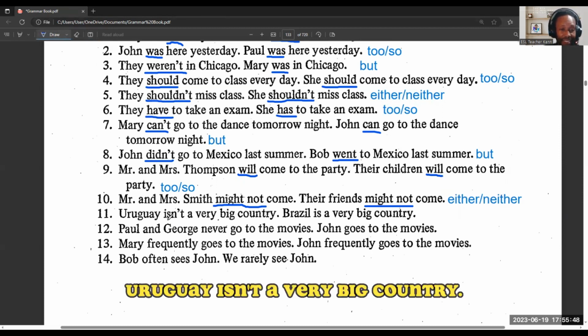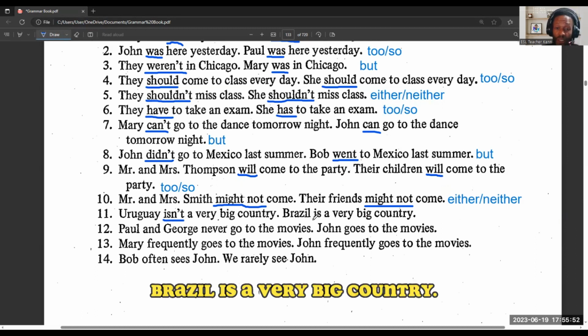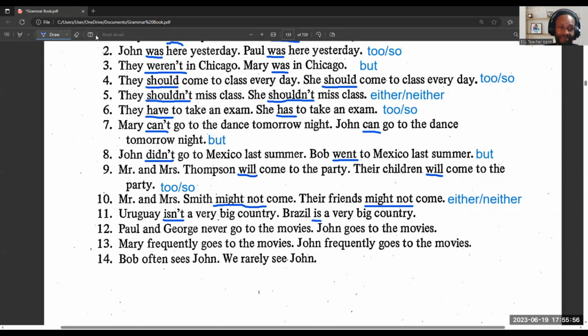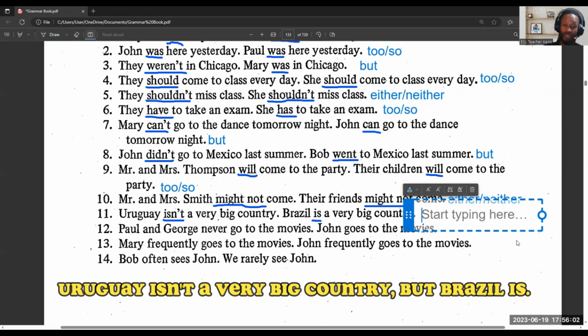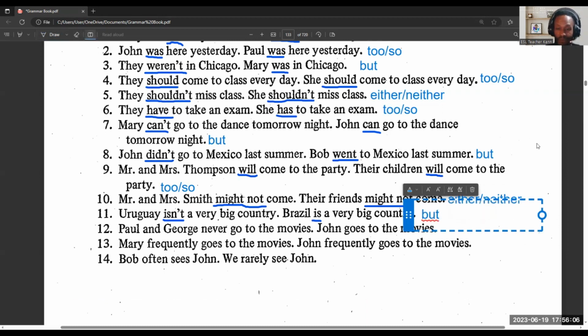Uruguay isn't a very big country. Brazil is a very big country. Uruguay isn't a very big country, but Brazil is.